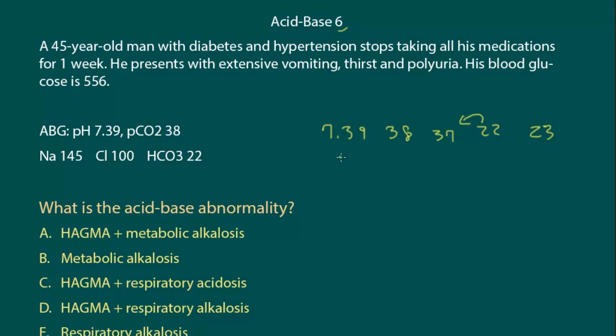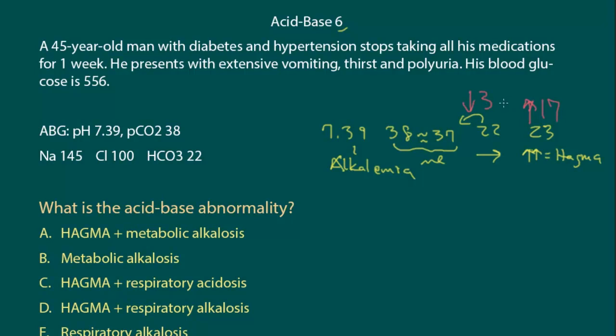Going left to right, okay, we have an alkalemia. PCO2 is the same as expected PCO2. No other problem there. Bicarb is 22, neutral. But anion gap is elevated. It's 17 above normal. We only have a 3 drop in bicarb.